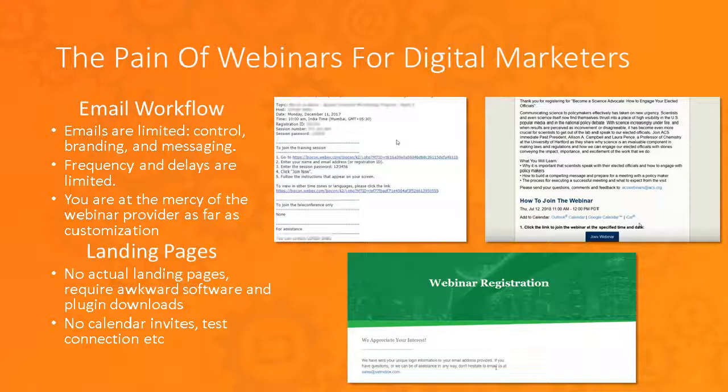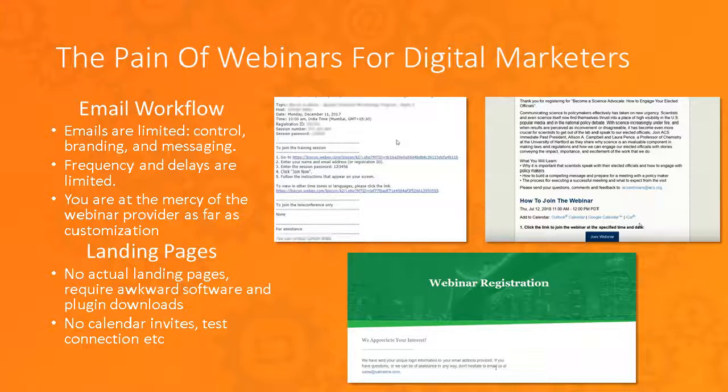If we jump into email, one of the challenges with some of these other webinar platforms that we've had experience with is it's hard to cross over. You've got HubSpot all set up. That's where your CRM is, where your landing pages are, maybe where your website is, where all your automation is.